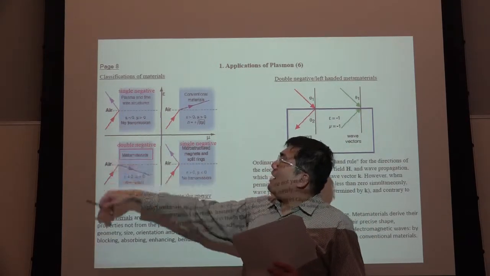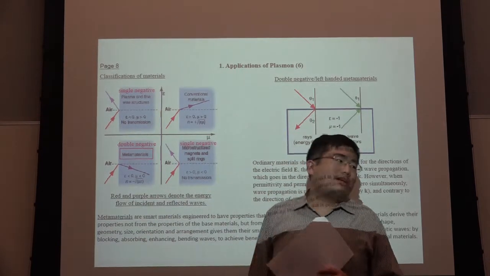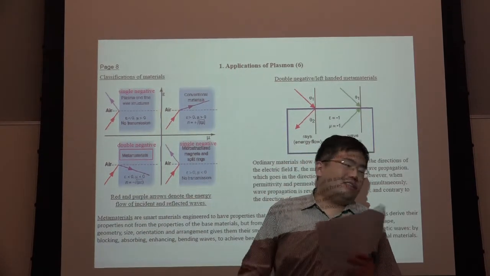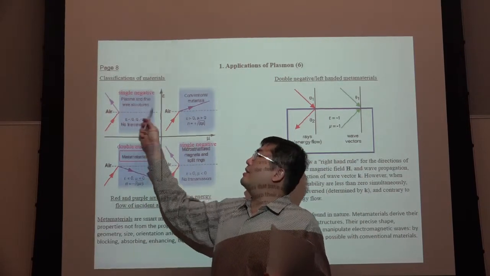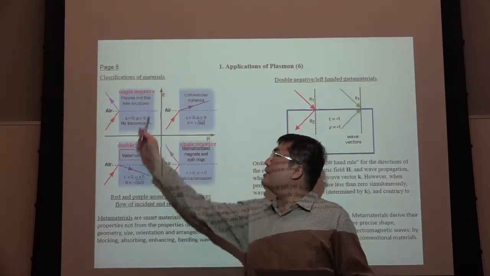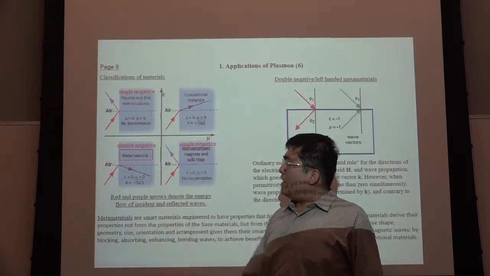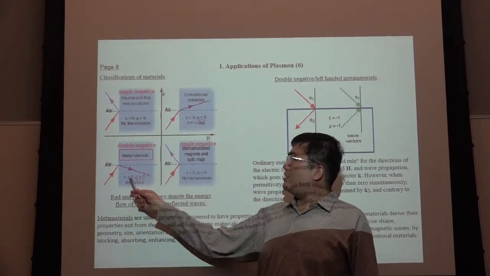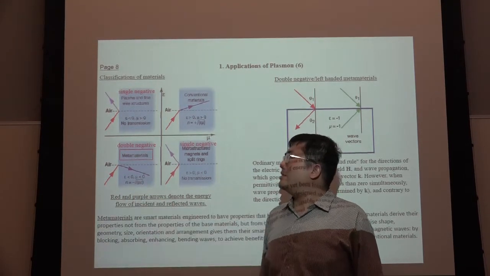For this plasma, as I said, because epsilon is smaller than 0, k is purely imaginary. So it decays. It's a bulk material, so the wave will decay. So it's totally reflective and decays. So this is a metal. For the metamaterial, you can see n is negative, because epsilon is negative and mu is negative, so n here also gets this negative sign.